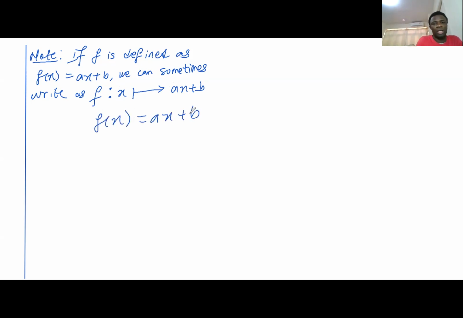By the time I write some problems, with either of the notations you see, please don't be confused, it is the same thing. Is that clear? All right. So I'm going to leave these problems for you to try quickly.